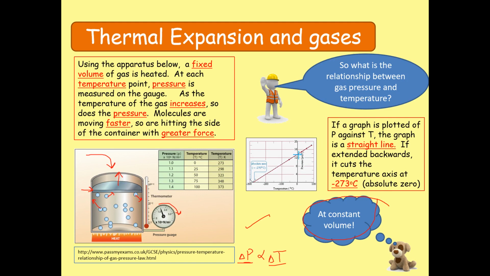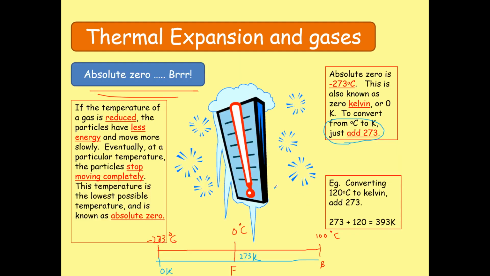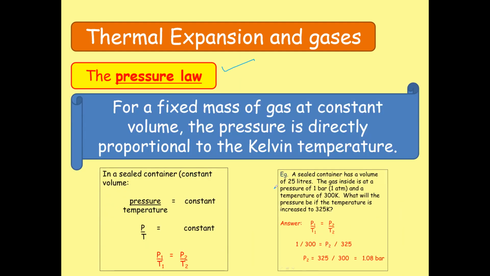That means we can reduce the temperature further, and that's what we see when we draw this trend backwards: zero pressure is only attainable at minus 273 degrees Celsius, which is absolute 0 Kelvin, right, over here.